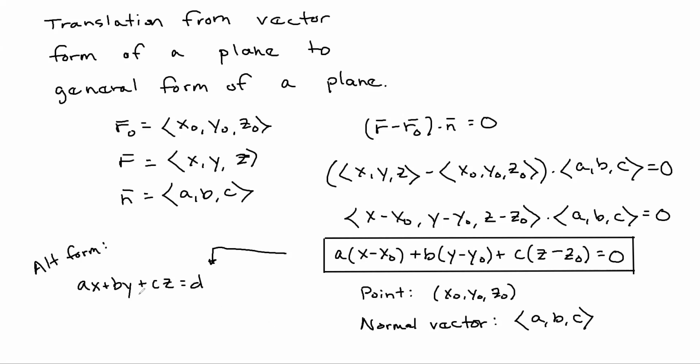Now, if you're given this alternate form, what information can you derive from it? You cannot just at a glance derive a point, but you can derive a normal vector. The normal vector in this alternate form is still A, B, C. It's the things that are multiplied by X, Y, and Z. And if you want to pull a point out of this, you can set two of the variables to 0 and then solve for the third.